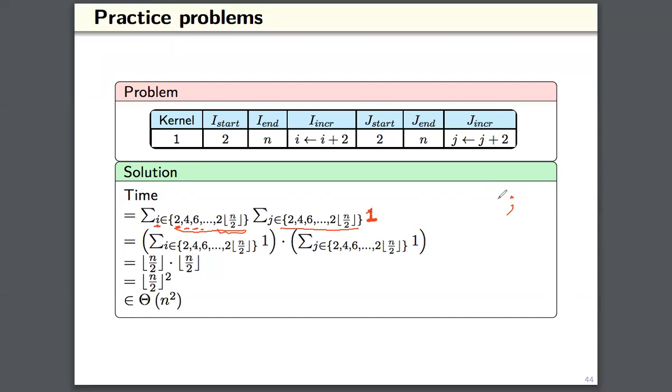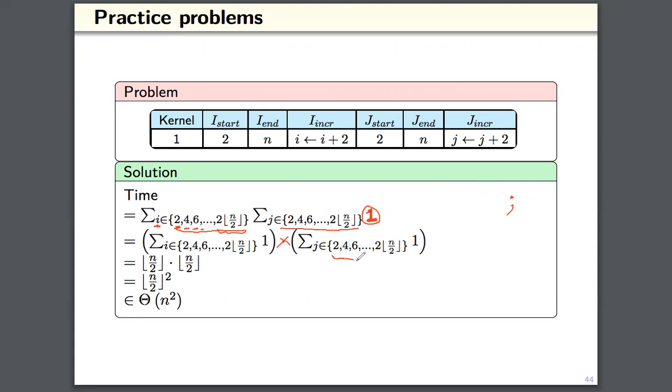And add, increment, all these things. So consider this as one comparison. Now, how do you solve this? See, i and j are kind of independent. There is no dependency. Hence, sigma of i, sigma of j can be considered as sigma of i times sigma of j, because these 2 loops are completely independent.